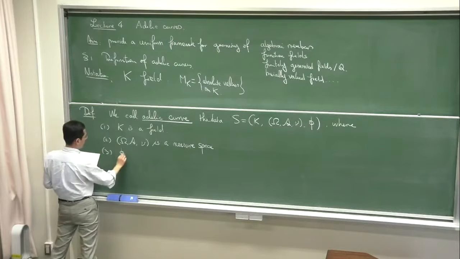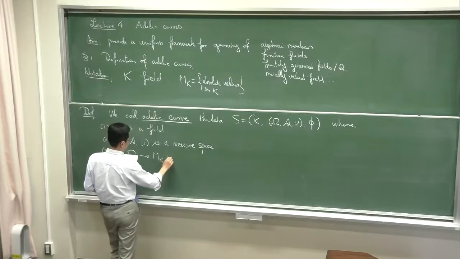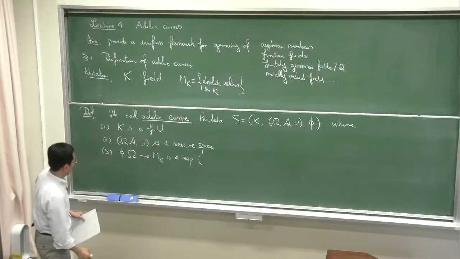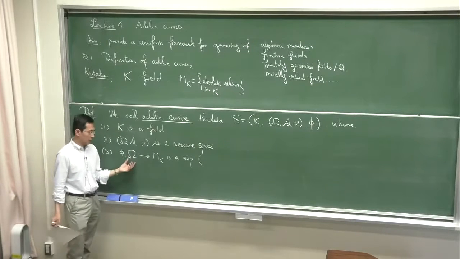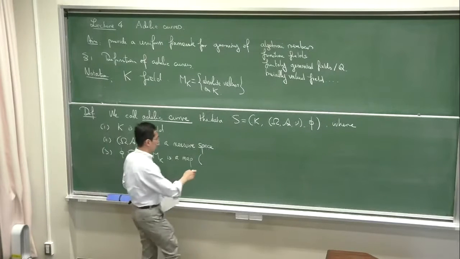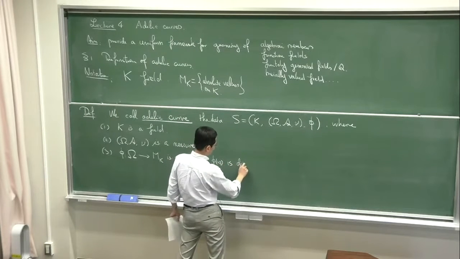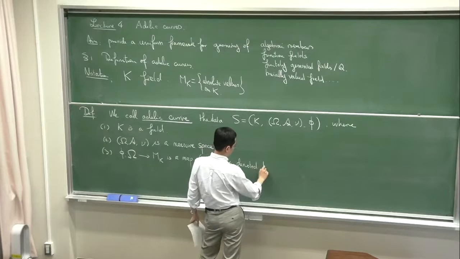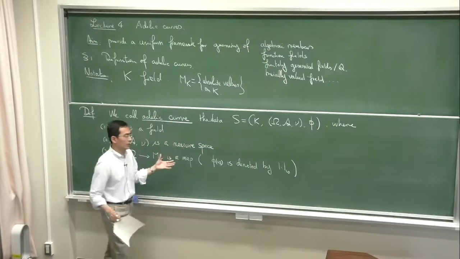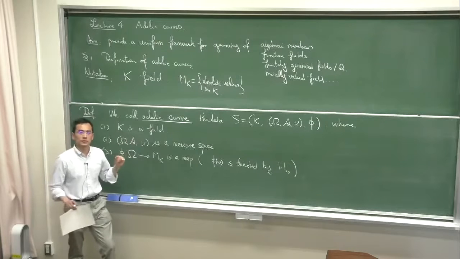And the third condition is that phi is a map from Omega to M_K. For every element in Omega, we associate an absolute value on the field K. Usually phi(omega) is denoted by the absolute value indexed by omega. So you just consider a family of absolute values on the same field parameterized by a measure space.